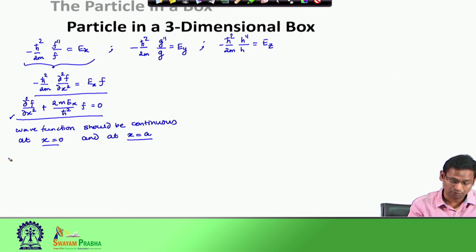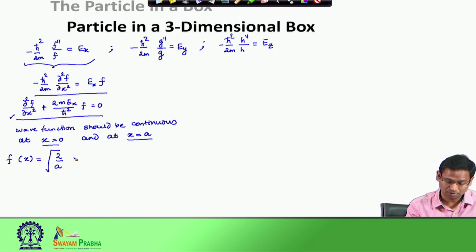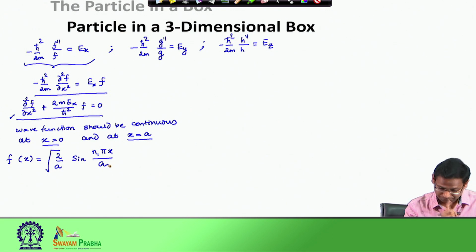In that case, what I would get is that the function f, which will be a function of x, will be square root of 2 by a, sin n1 pi x by a. Please compare this function with respect to the particle in a one dimensional box problem.